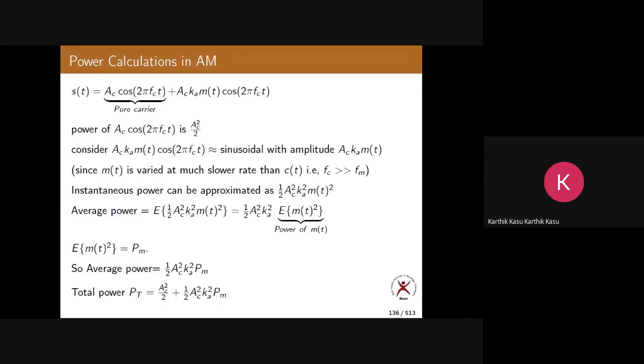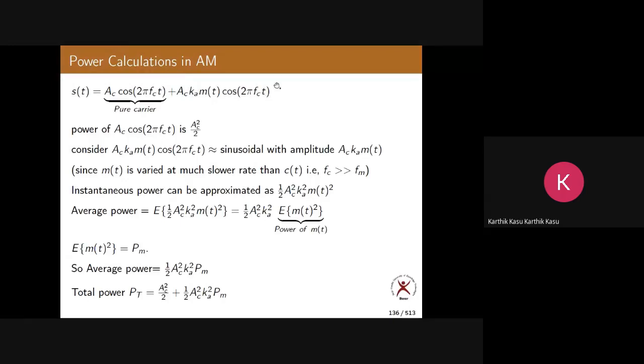Since it is in the time domain, we have to go for the frequency domain. This is for carrier, and this is for sidebands. Now carrier power is AC square by 2 and power in sidebands is how much? Half AC square KA square PM. So power in sidebands is nothing but the power of this term.